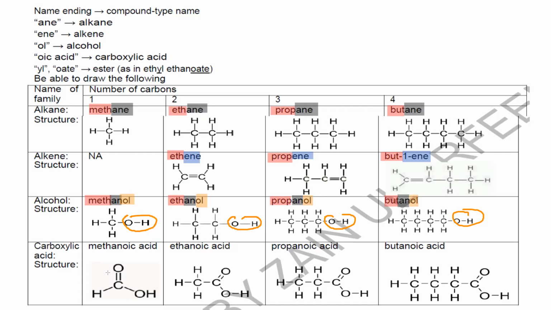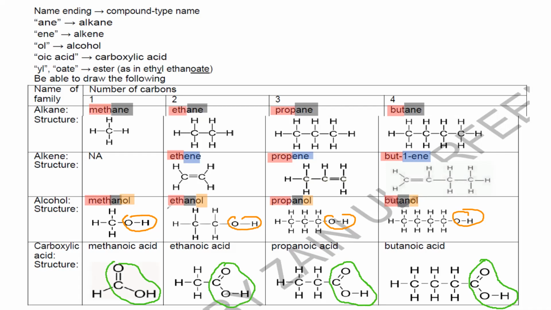And the last one, if C double bonded with O and OH group is there, as you can see, all of them have C double bonded with O and OH. Here also C double bonded with O and OH. So if C double bonded with O and OH group is there, then it is called a carboxylic acid. So how to name carboxylic acids? We count the carbon atoms.